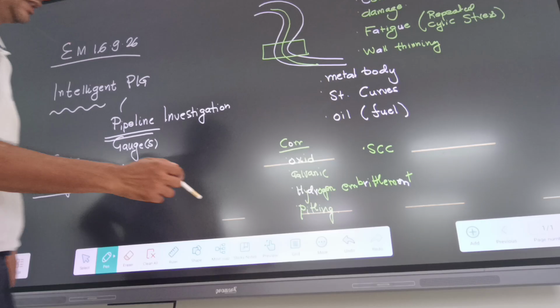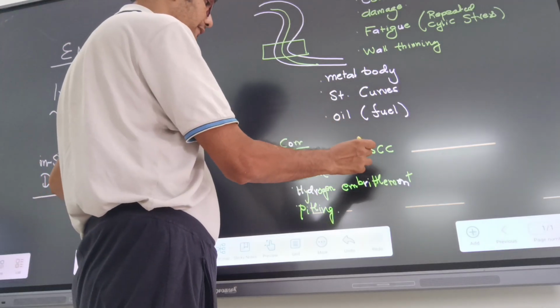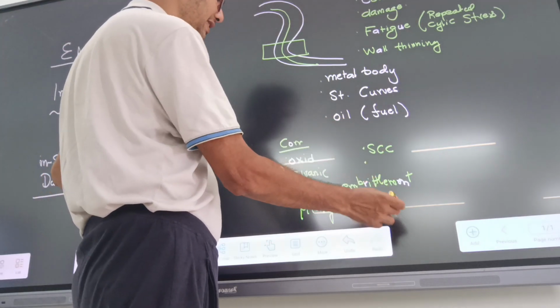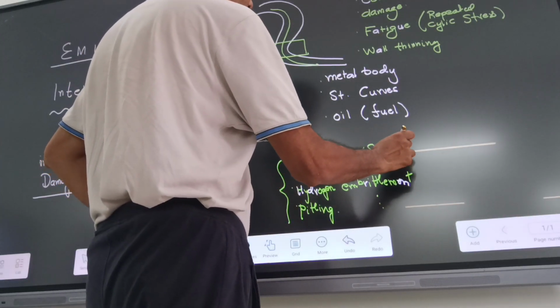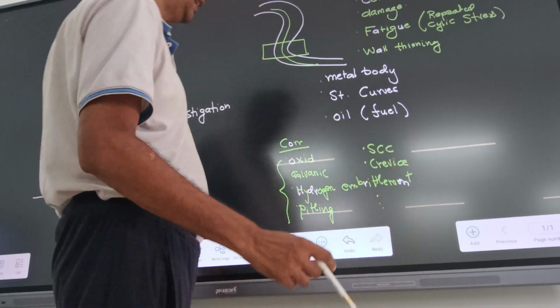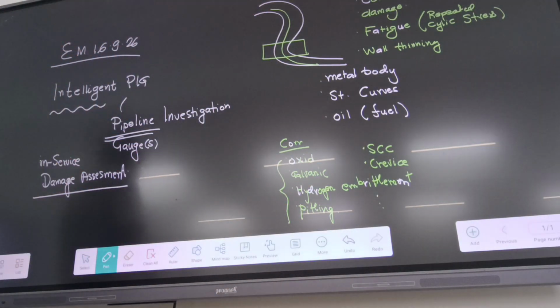There are many more, but these are the main ones. Crevice corrosion and others. They say 8, but there can be a combination of a lot of things.